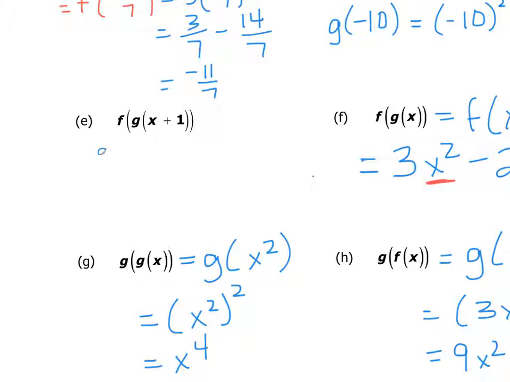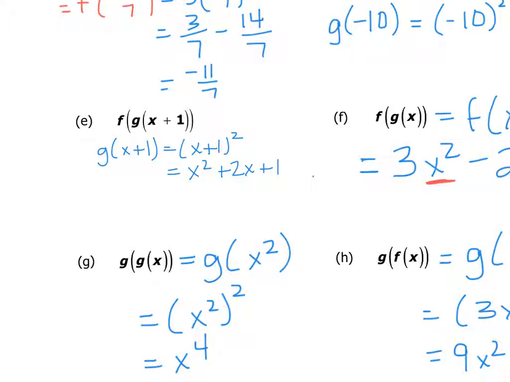So g of x plus 1 equals x plus 1 quantity squared. Okay? And remember, you want to simplify this by using FOIL. So you're going to multiply x plus 1 times x plus 1, and you're going to use FOIL, and you're going to get x squared plus 2x plus 1.